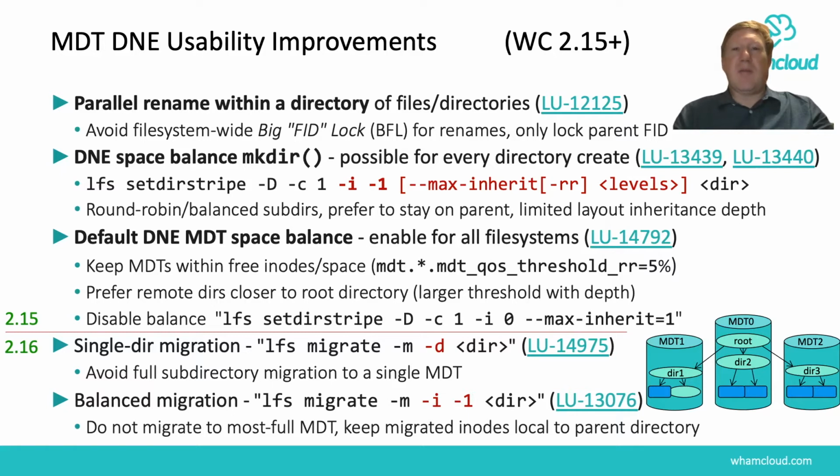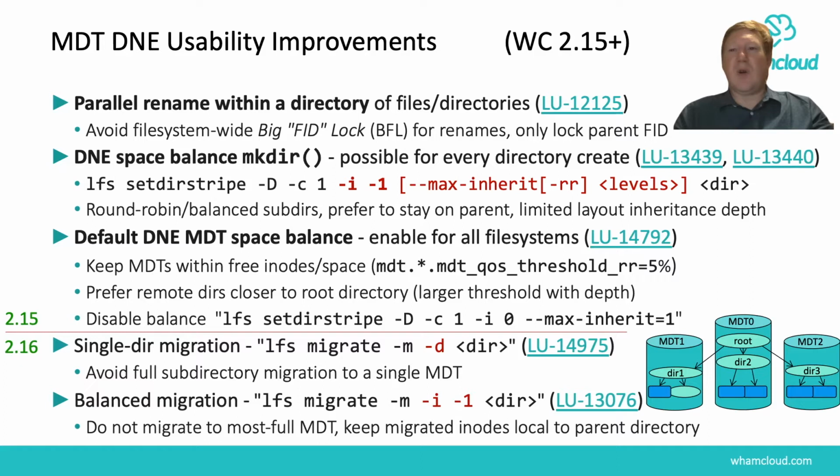At the top of the file system, there's typically a desire to balance across MDTs pretty strongly. So there's round robin MDT selection by default. And as well, if the MDTs are significantly imbalanced, the MDT that has the most free space will be preferred.